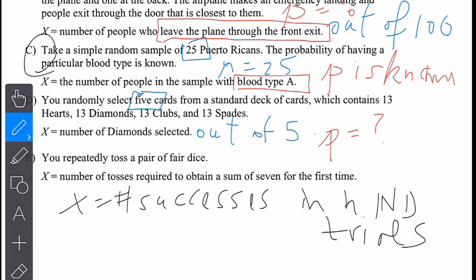So because I keep changing the probability of picking a diamond, the P is not known. Okay, so the P is not clear. It needs to be known in advance, and it needs to be the same for each trial. So D is not the right answer.